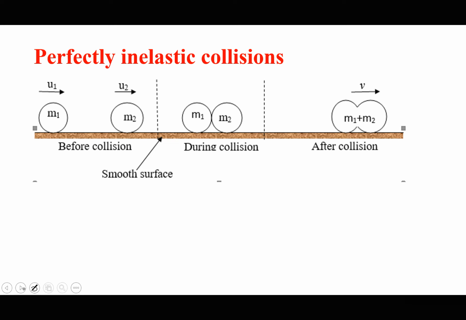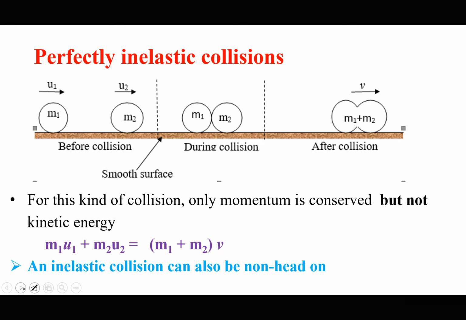For example, we have two masses m1 and m2. m1 has speed u1 and m2 has speed u2. They collide, and after collision they become one body, so they move with a common velocity v. This is what we call perfectly inelastic. Of course, for such a collision, only momentum must be conserved, but not kinetic energy.